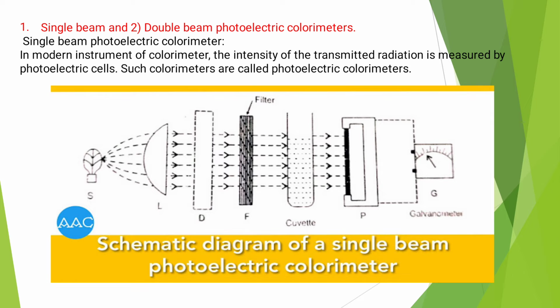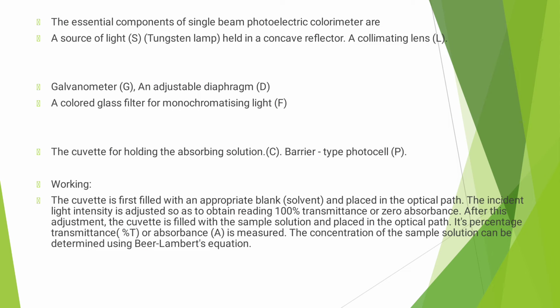The cuvette is there for putting the sample in the path of the light, and here is the galvanometer, and the photoelectric cell is the detector. So the essential components of a single beam photoelectric colorimeter are: first, a source of light.